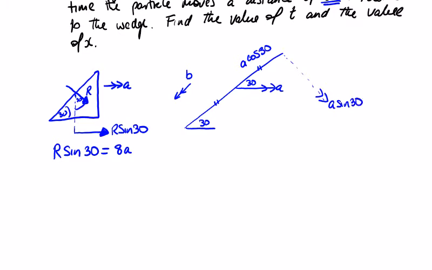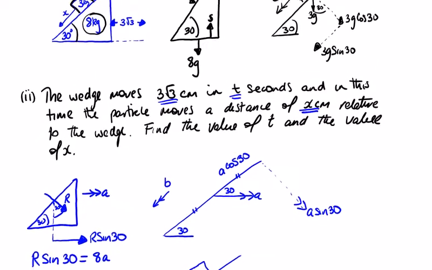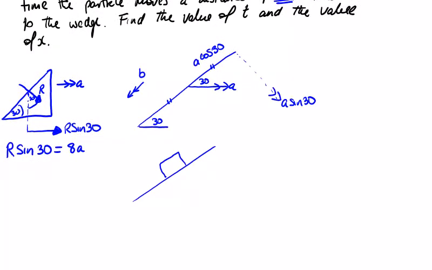So let's create another diagram with that particle on it. The weight of it was 3, so we have 3g. We've already put these on the earlier one. 3g, 30, 30, 3g cos 30, 3g sine 30.